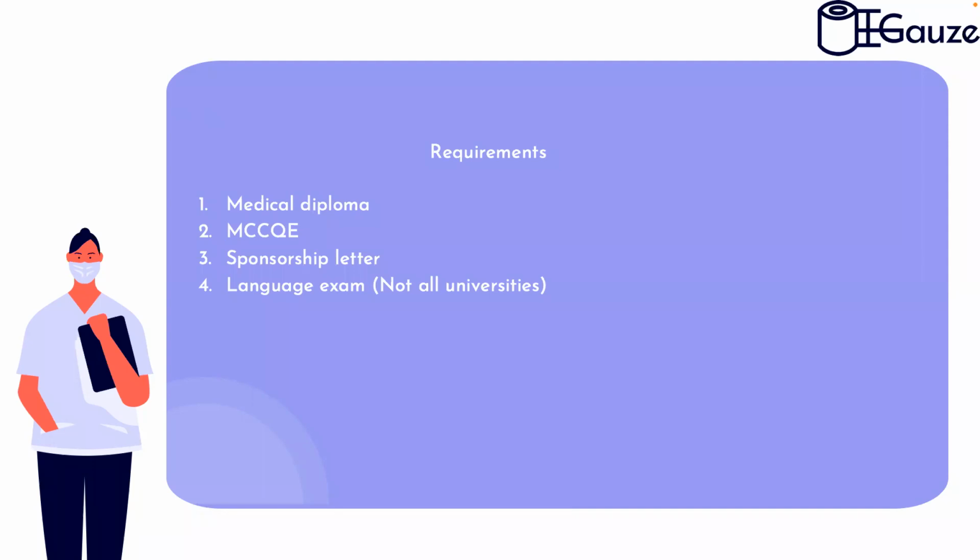Again, this could be variable from year to year, but as far as I remember, Vancouver and Alberta require language exams, and probably Queen's. I think the rest of the universities in Canada don't require any language exam. But again, all this information will be provided to you by SACB, the Saudi Cultural Bureau in Canada.